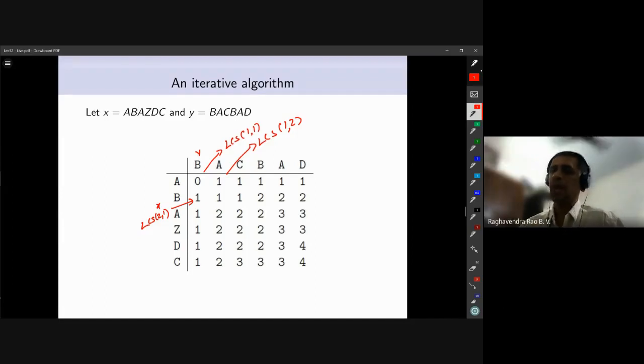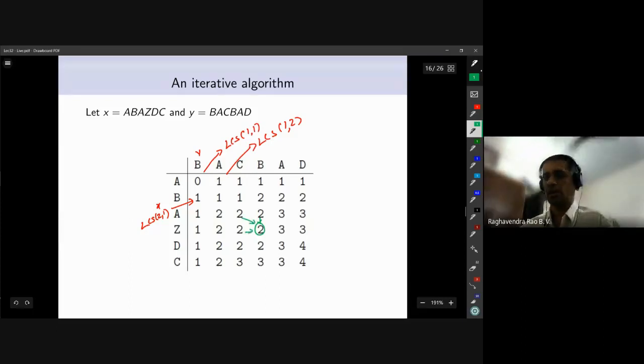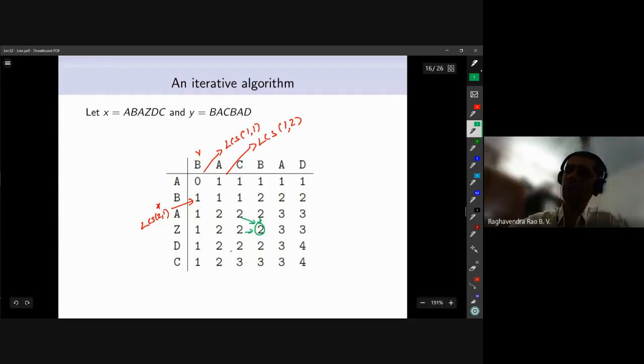To compute the ij-th entry, you just look upwards. This entry can be computed from these three values. So how do you go? You go diagonally up if the two characters are equal, or you look vertically up and horizontally left, see these two values, and take the max.